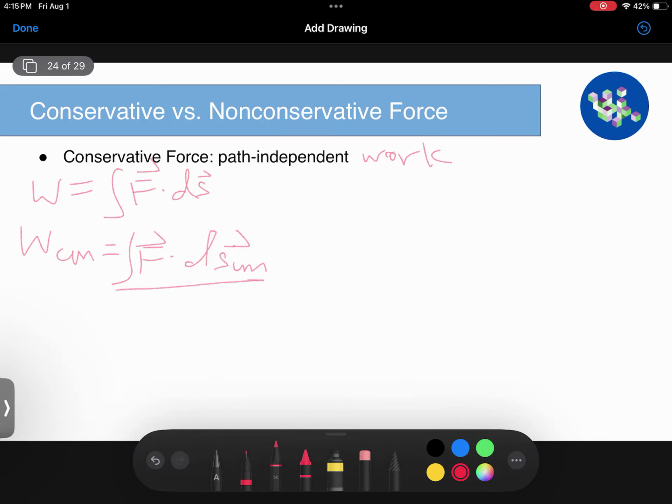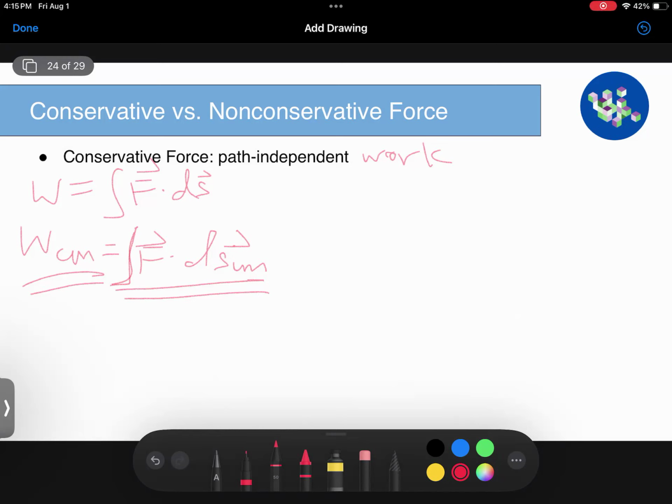And because we're doing a dot product between two vectors, the work is always a scalar, right? Now, what do we mean by conservative force? A conservative force is path independent, right? So no matter what path we do this integral on, we're always going to get the same amount of work.